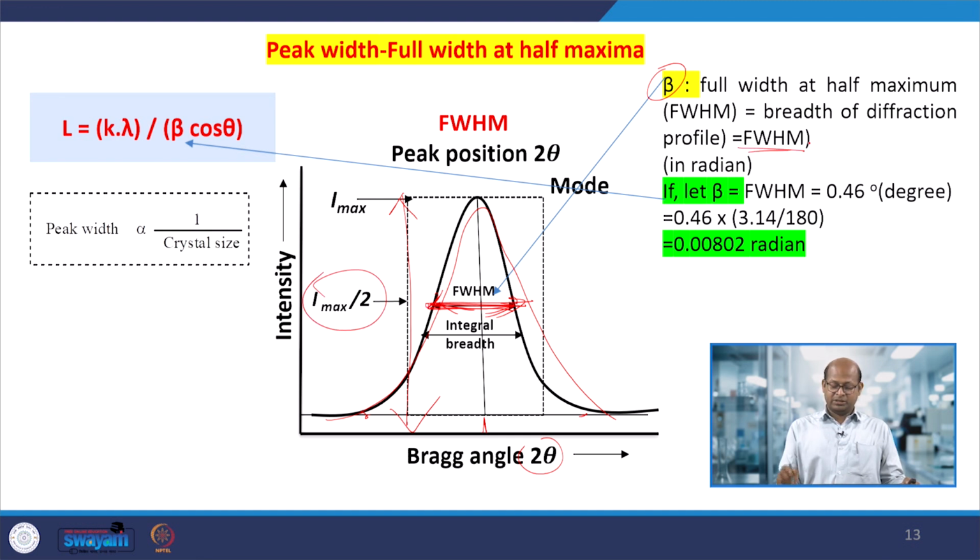We can measure this particular distance in degrees, then convert it into radians, and use that as beta. The cos theta value: we get the 2 theta value and divide it by 2 to get theta. Then with K and lambda given, we can calculate the crystallite size.